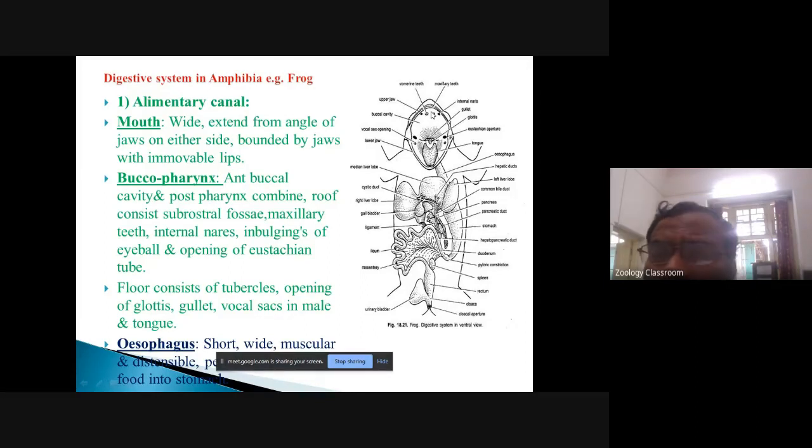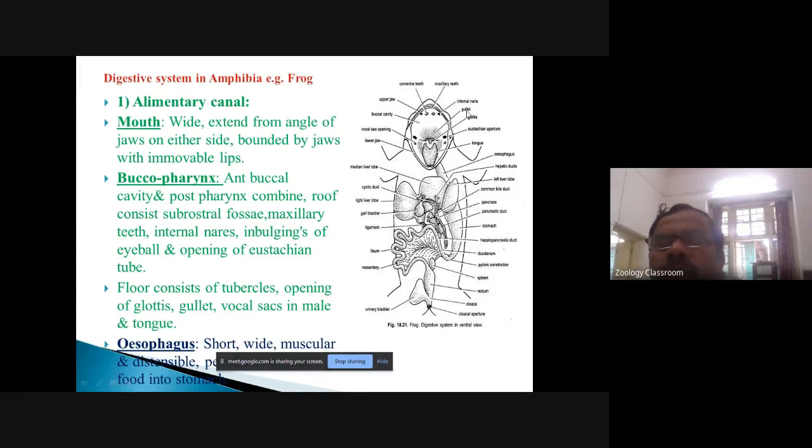Here, if you consider the body of the frog, the mouth is much wider. Why is this the case? Because of the absence of a neck. As the neck is absent in the frog, the mouth is much wide, so that the frog is able to throw out the tongue in any direction to capture insect prey.